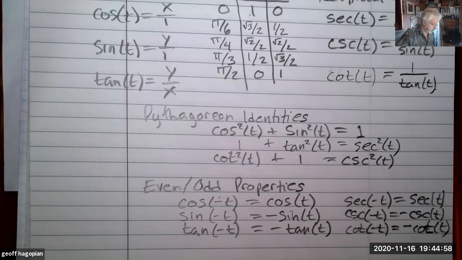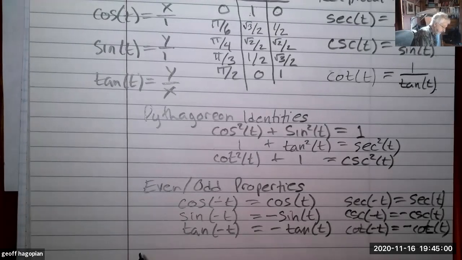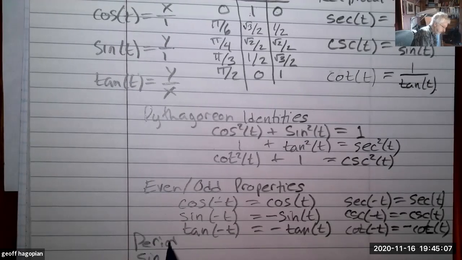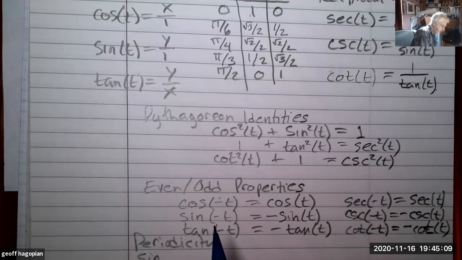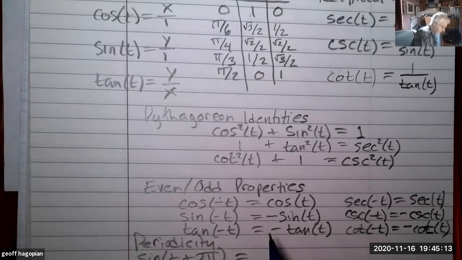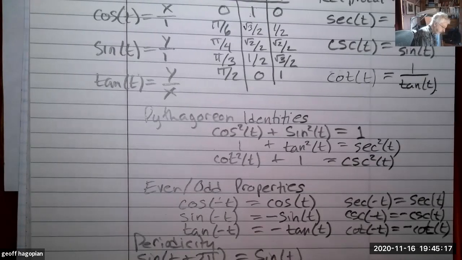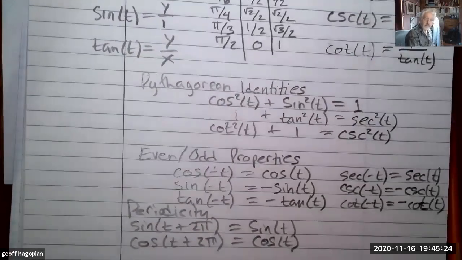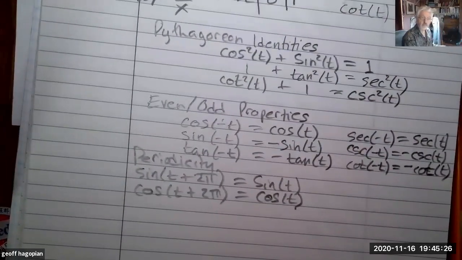So should we talk about periodicity? Sine of t plus 2 pi is the same as sine of t. Cosine too, so you're going once around, you're at a coterminal point, right? Going once around the unit circle is going to take you back to where you started.